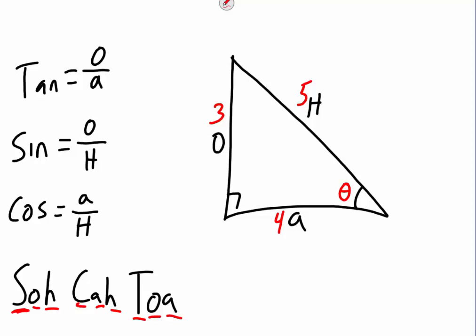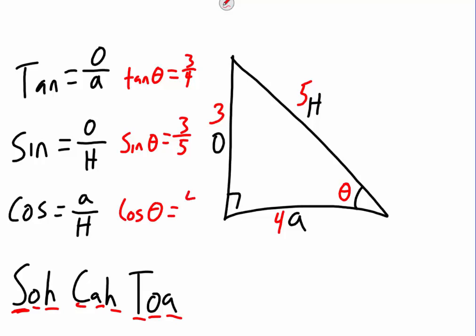So that means that we could say the tangent of theta would be, opposite over adjacent, 3/4. The sine of theta would be opposite over hypotenuse, so that would be 3/5. And the cosine of theta would be equal to 4/5.